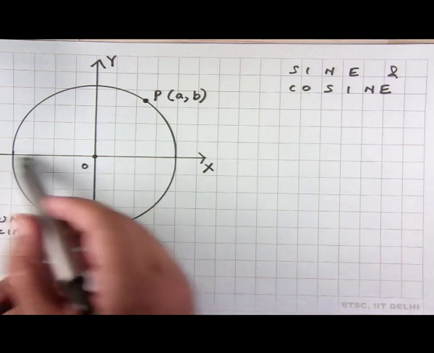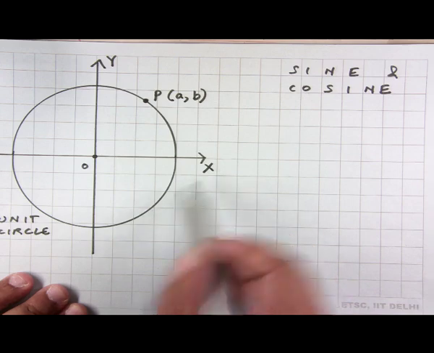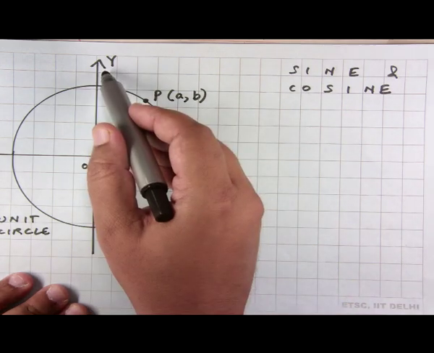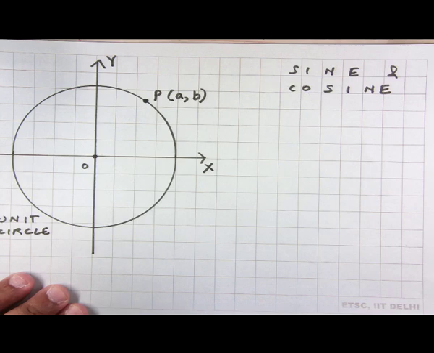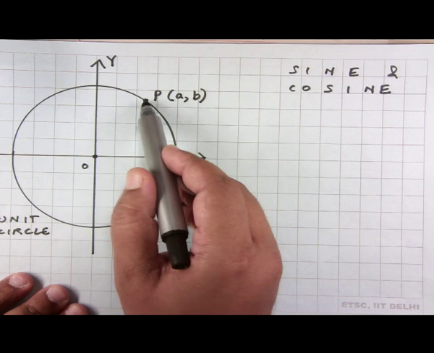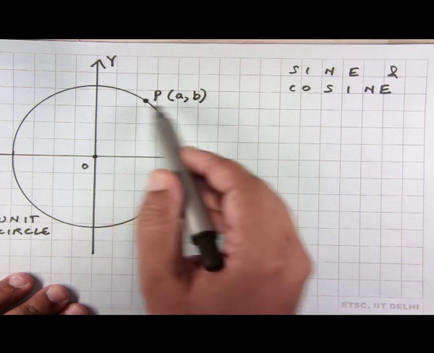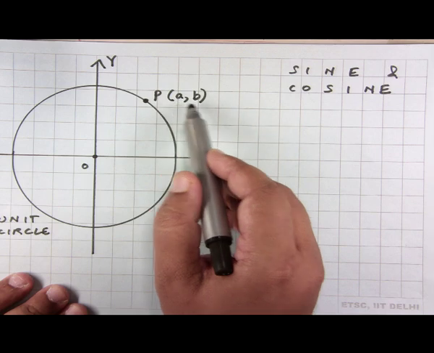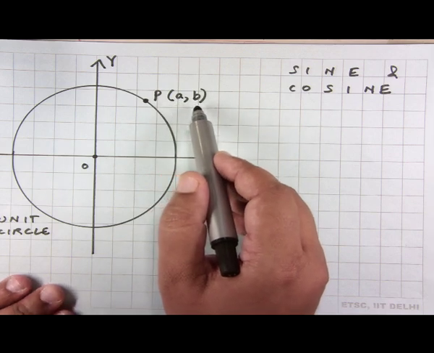I call this horizontal axis the x axis and the vertical the y axis. Now, consider this point P on the unit circle here, whose x and y coordinates are a and b respectively.